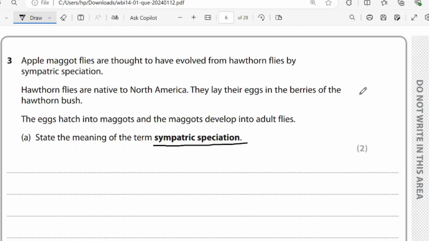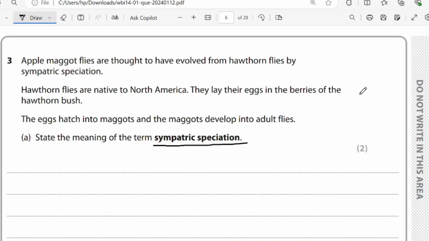Allopatric speciation generally means two groups of organisms from a single species are being divided due to physical or geographical barriers, and that's why they evolved over time into two different species.